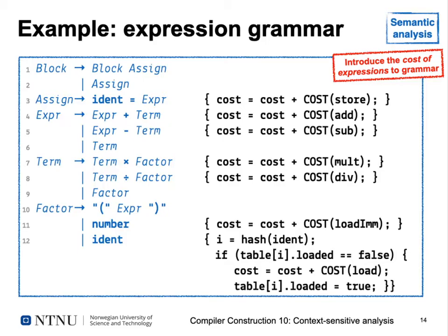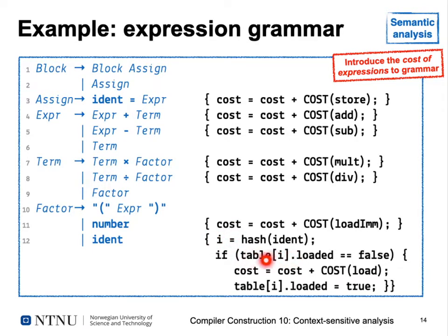Now, in addition to adding, subtracting, multiplying, and dividing values, if we want to evaluate the real-life costs of something, we also need to have the costs of storing a value to memory. And if a value hasn't been loaded into a register so far, we also need to add the costs of loading a variable into a register from memory. So if we have a factor that evaluates to this production identifier here, what we do is we take the hash value of this identifier, and then we check in our hash table.